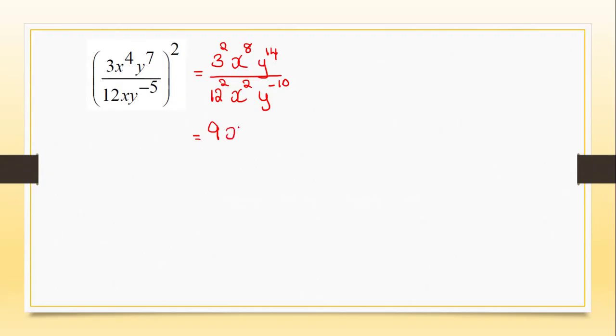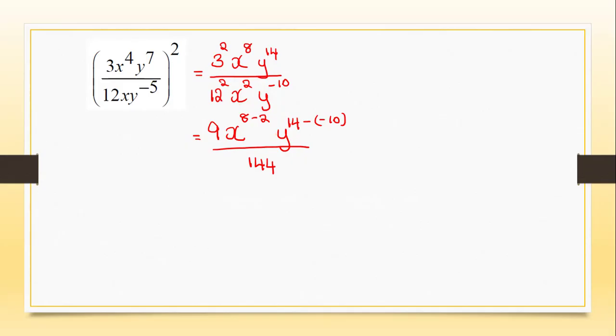So we have x to the power of 8 subtracting 2. Quotient rule again for the y. We have y to the power of 14 subtracting -10. And that's all over 12 squared, which is 144. 144 and 9 both have 3 in common.